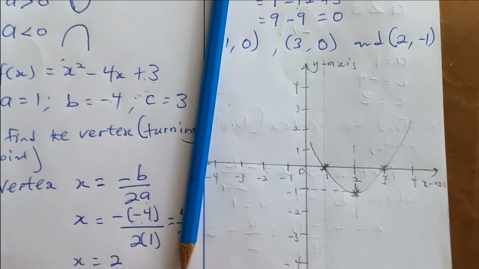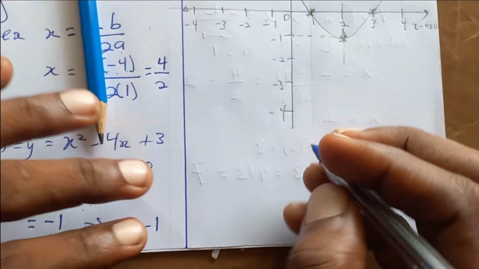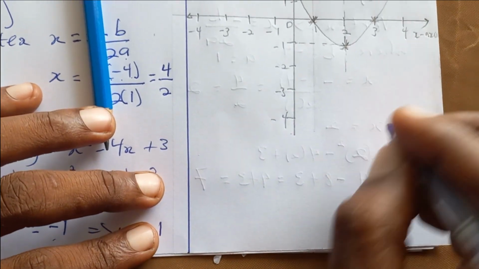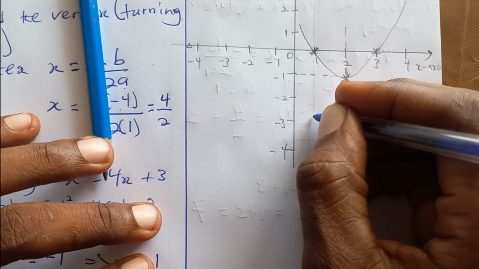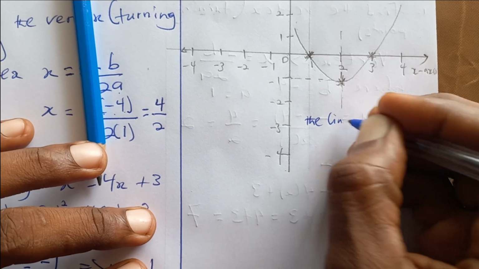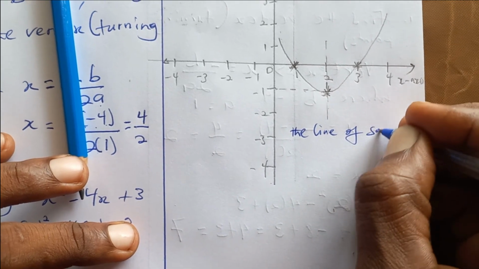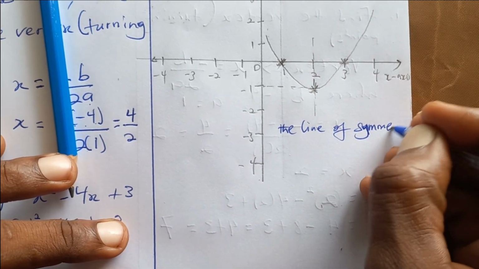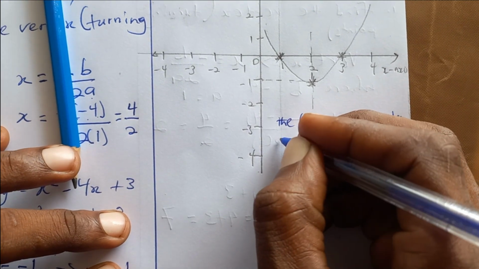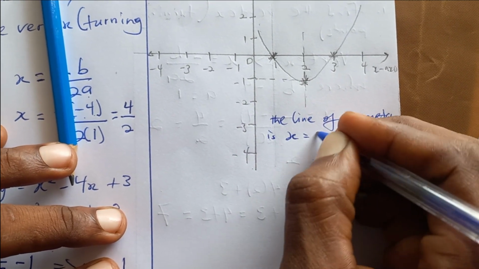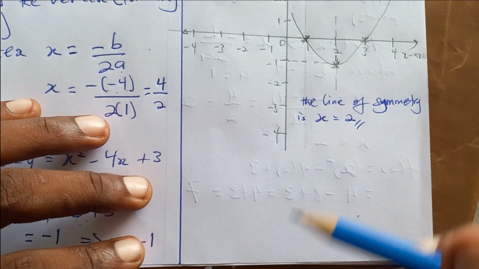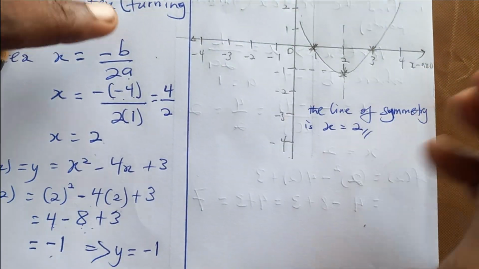So we say that our line of symmetry, which is the vertical line, is x is equal to 2, because it is the vertical line. I hope it is clear.